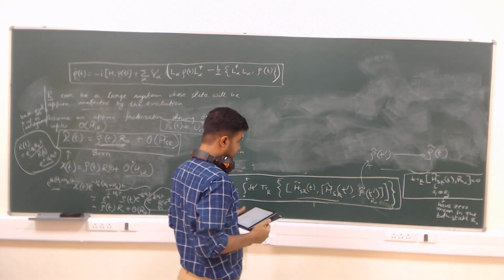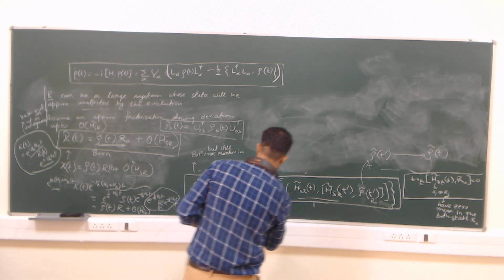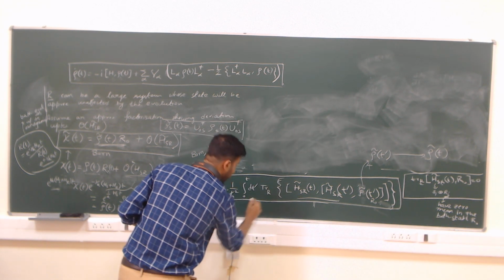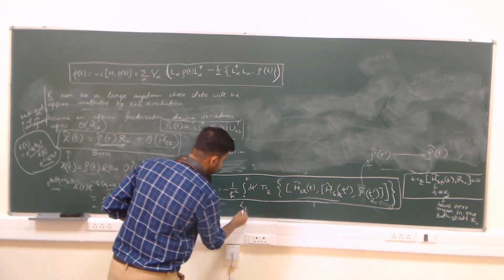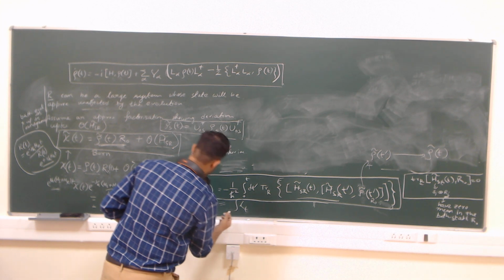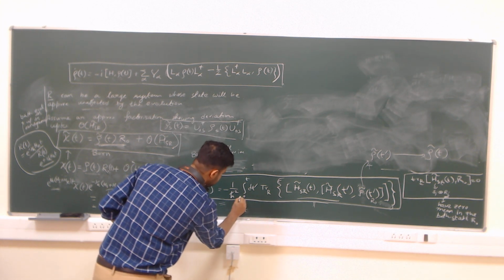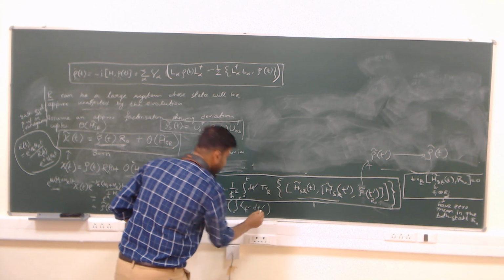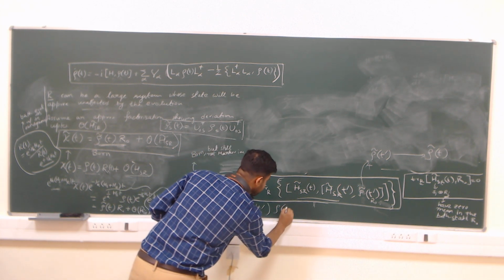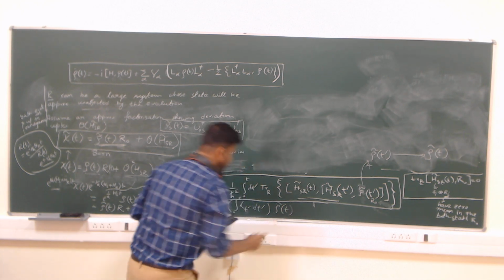That makes sure that whatever I have on this side can be some time dependent thing starting from 0 to t, but acting on rho tilde t.